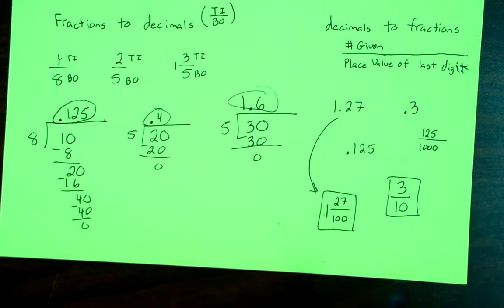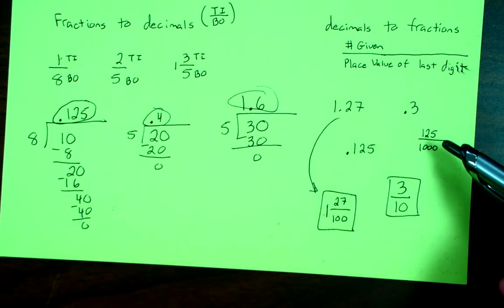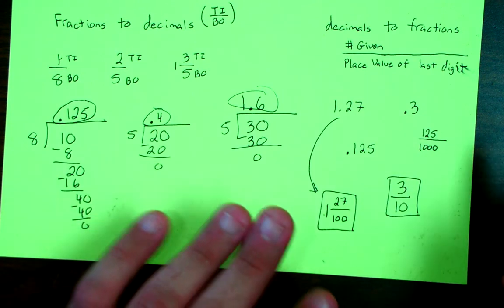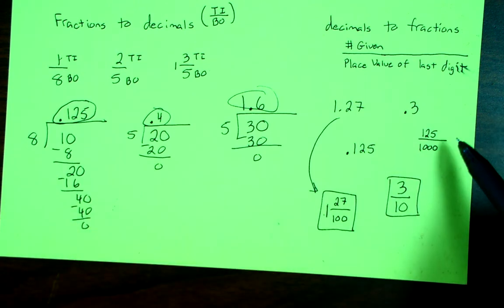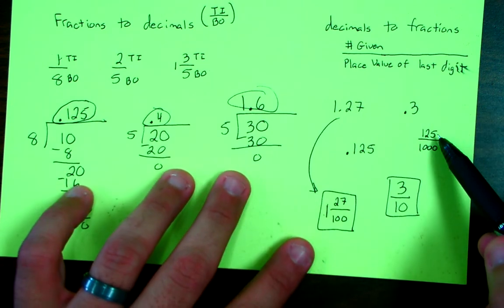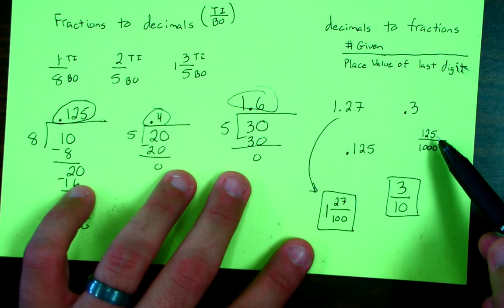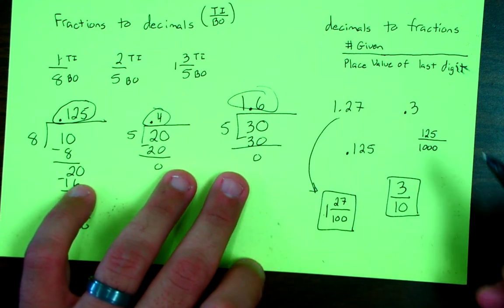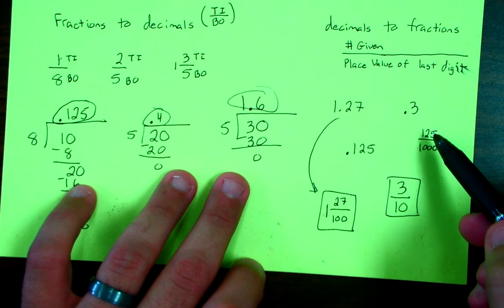Okay. Now you're going to have to simplify. Some of y'all can only simplify using smaller numbers. That's fine. But for purposes of this video, I'm going to go with the larger ones. If you notice, it ends in a 5 and a 0. That means they're both divisible by 5. Some of y'all are also saying, well, 25 can go into both of them, which is also correct.